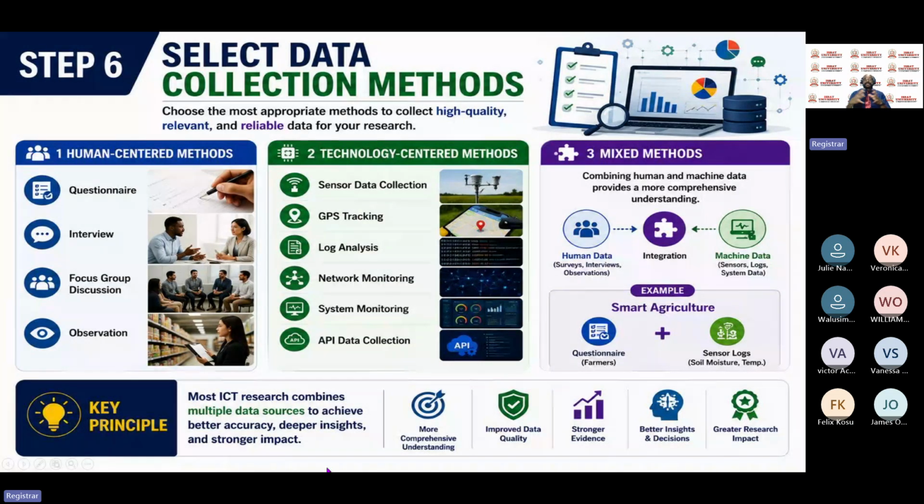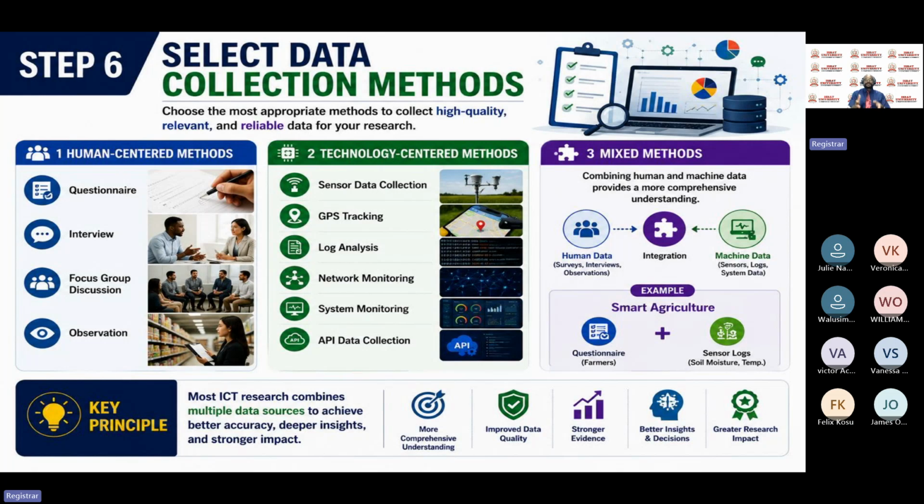The third option is mixed method, combining man and machine together. That is, human and machine data provide a comprehensive understanding, because as we know, the ones using this technology and this system are human beings. So human data using surveys, interviews, and observation is integrated with machine data, machine performance using logs, sensors, and system data.